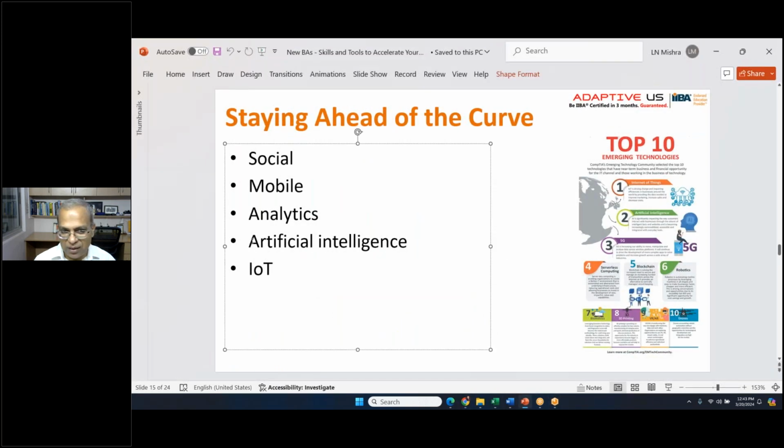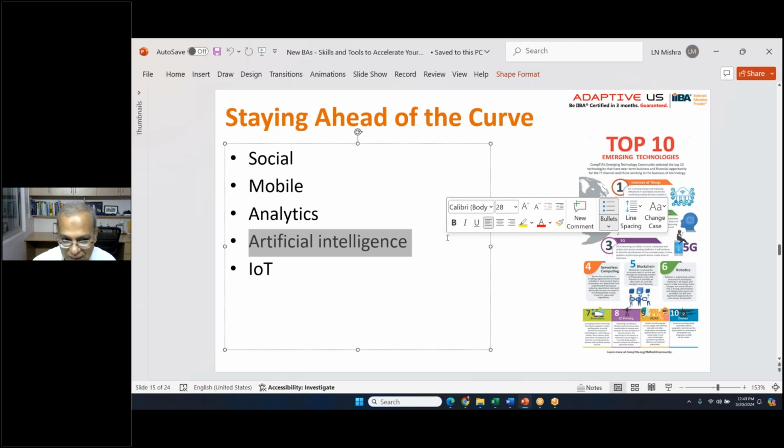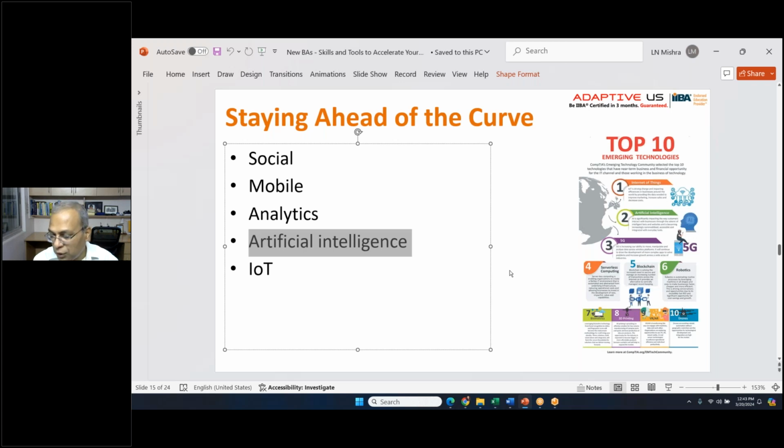Okay. And I believe the example that I gave you, ChatGPT, is coming from the artificial intelligence world. And there are many things happening in the AI world in terms of document writing, recording, transcription. Okay. So all these activities, you can do using AI.